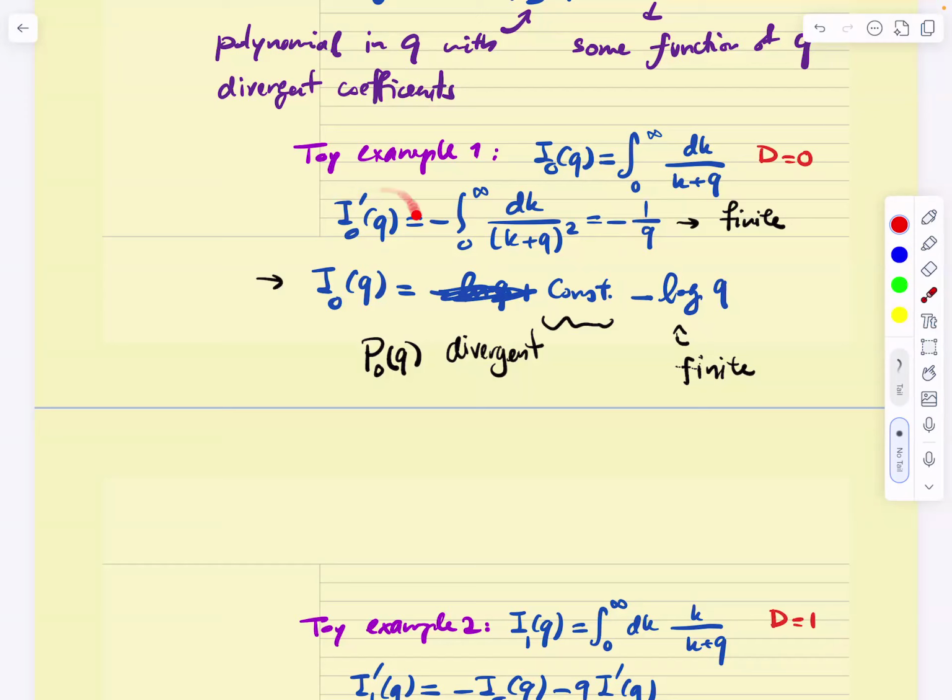This suggests that if the derivative with respect to q is minus 1 over q, then I0 of q was a constant minus log of q, right? Now, this is finite, and this is a constant. This constant is where all the divergences of this term have gone. This is a polynomial of degree 0 in q that is divergent.